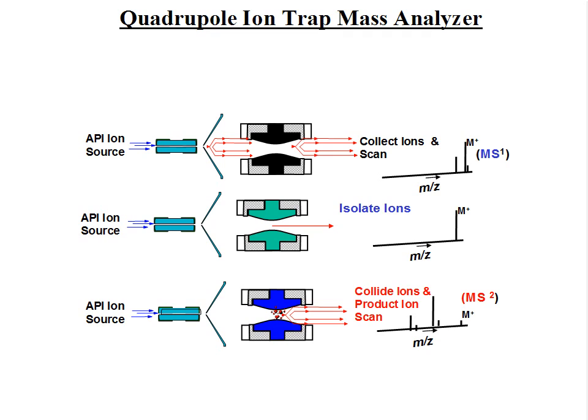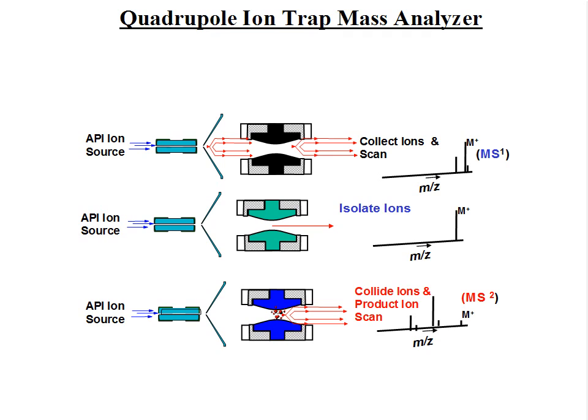They can then be scanned out by changing the radio frequency again to get an overview spectrum, a so-called MS1 spectrum. In a second step, an ion of interest can be isolated in the ion trap and then scanned out to make sure you have the correct ion, M+. What is very powerful in an ion trap is that selected ions can now be excited to collide with helium, which is in the ion trap at a low pressure, and be fragmented.